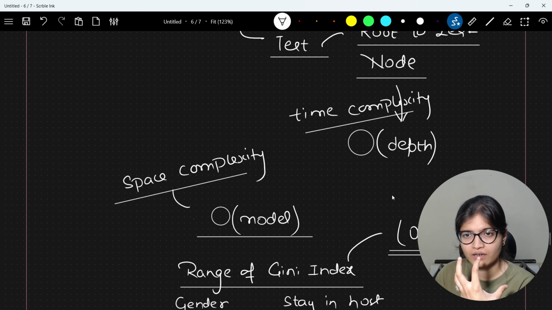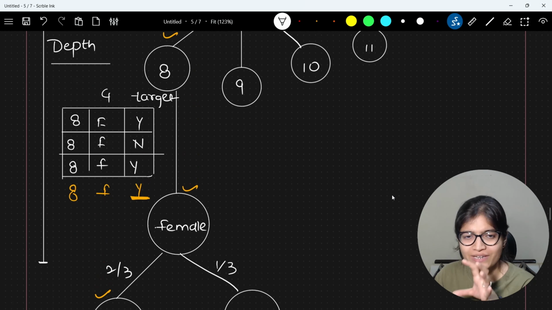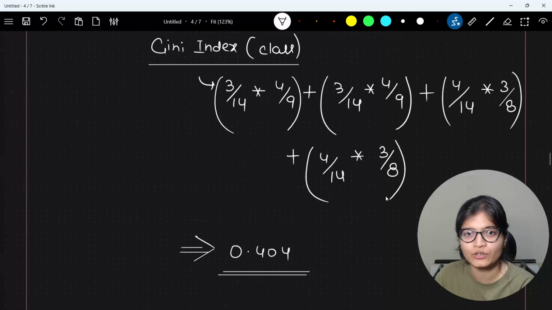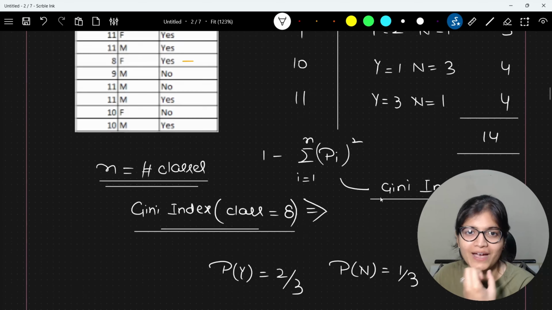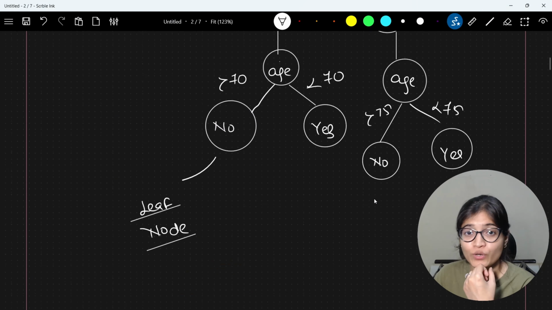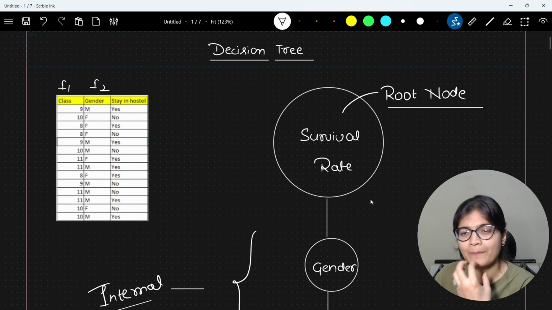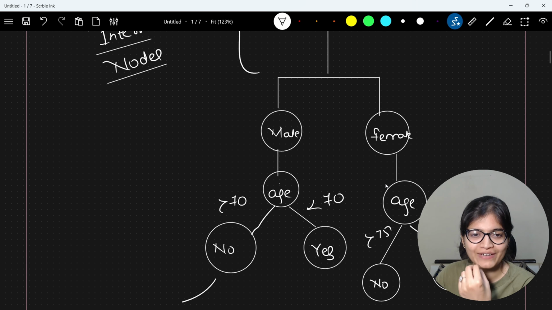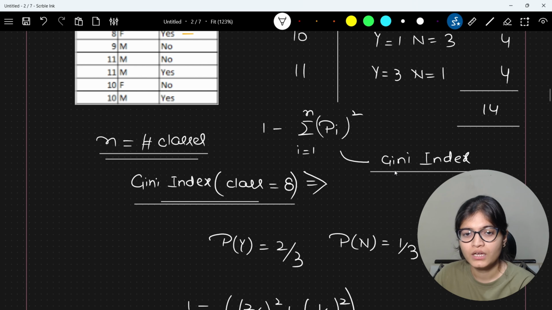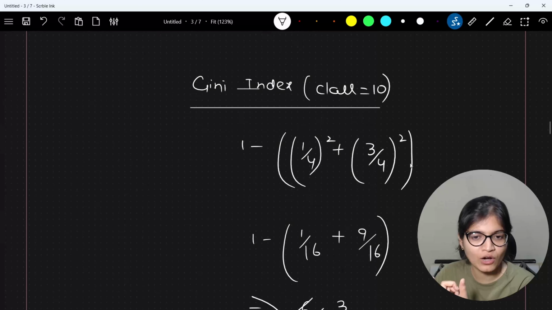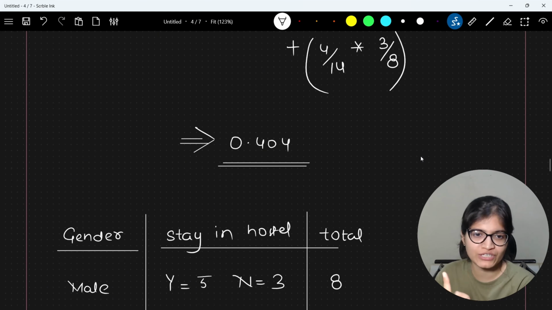So I believe this is all for today's session, where we have majorly talked about how we can create a decision tree with the help of a Gini index. We saw a very simple example of a decision tree. Afterwards, we took a random data set and computed the Gini index. We did all the computation for the class feature and the gender feature.